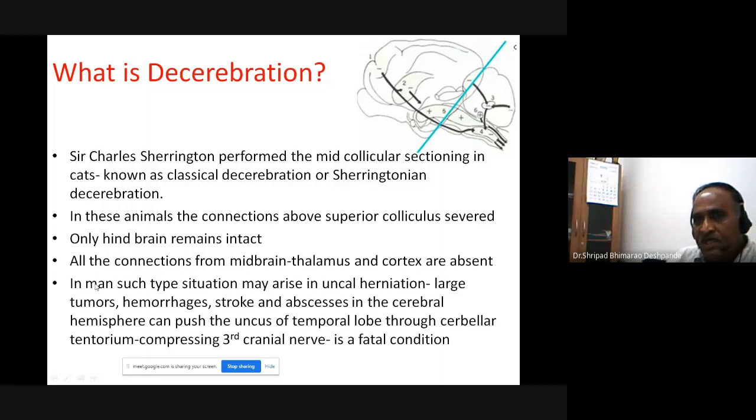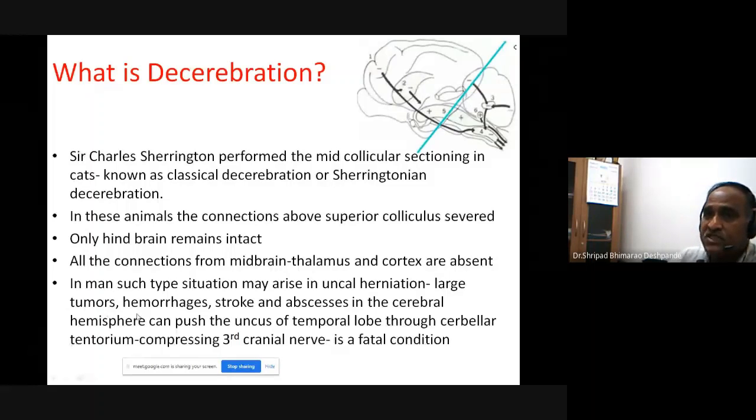That's true. In man, can we have such a situation? Yes, sir, we can have such a situation in a man, what is called an uncal herniation. Uncus is the temporal lobe. The uncal herniation may happen when there is increased intracranial pressure, or intracranial tumor, or because of an abscess.